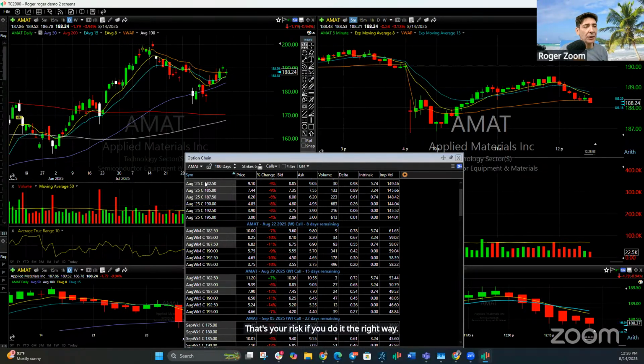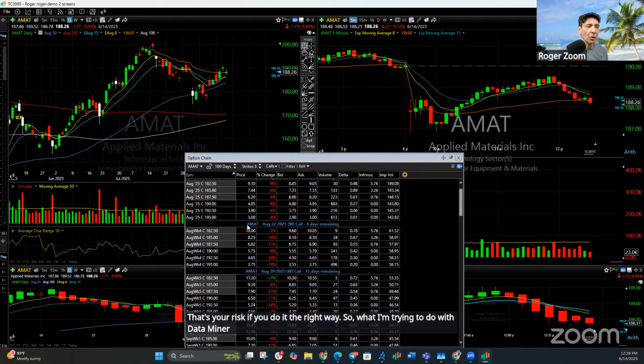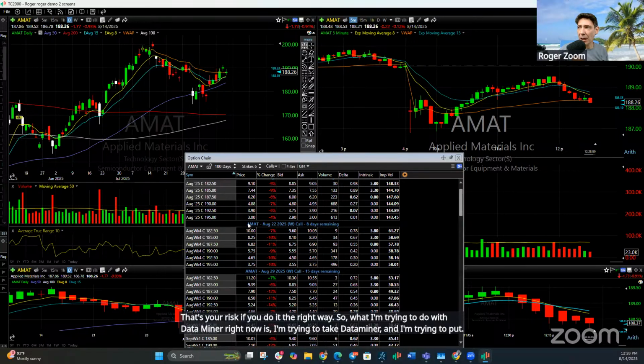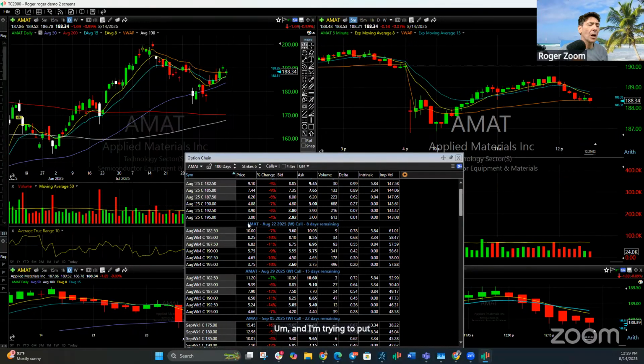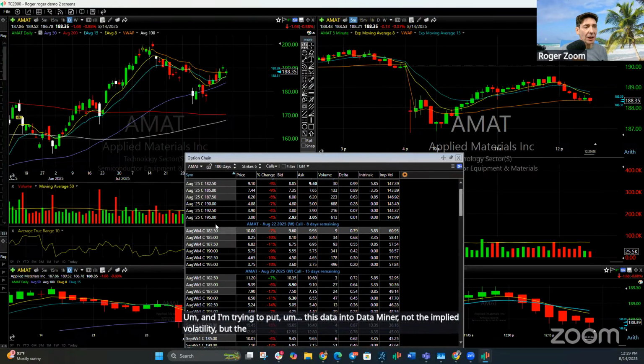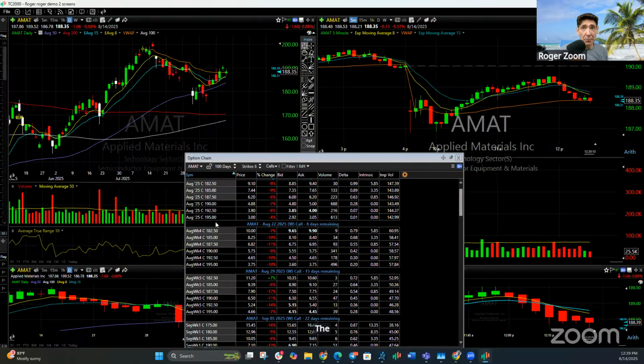So what I'm trying to do with Data Miner right now is put this data into Data Miner, not the implied volatility, but how many times the expected move via implied volatility compared to the actual move is off, because I want to have a double whammy volatility crush.